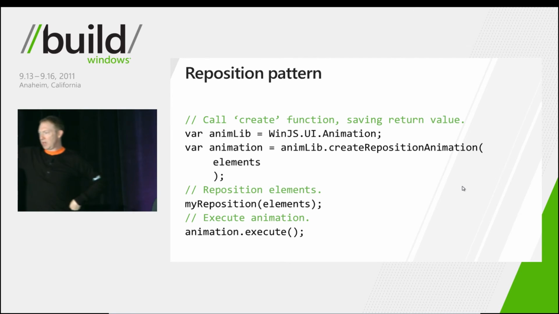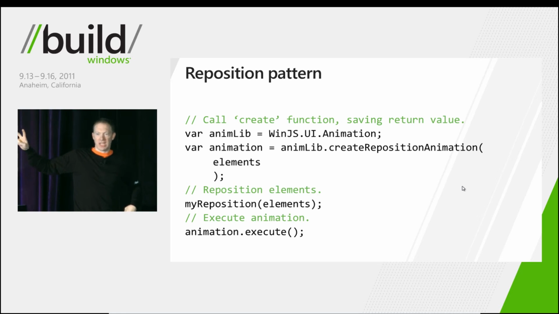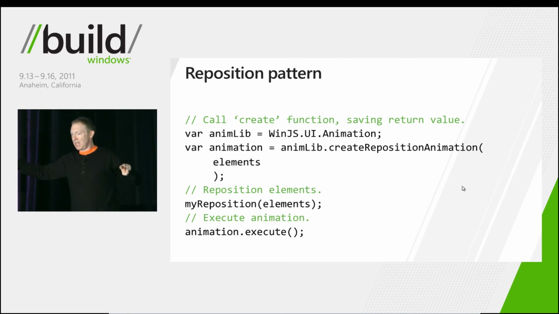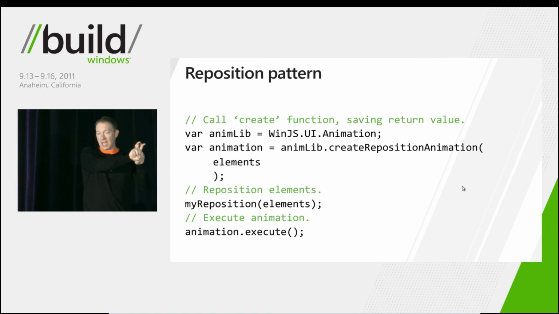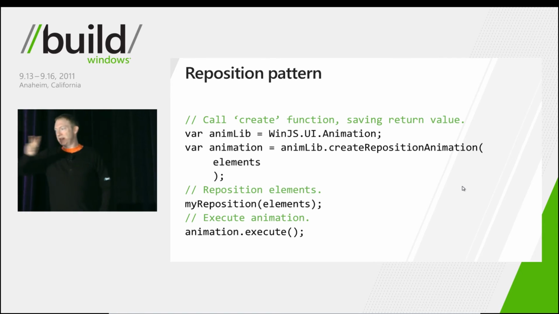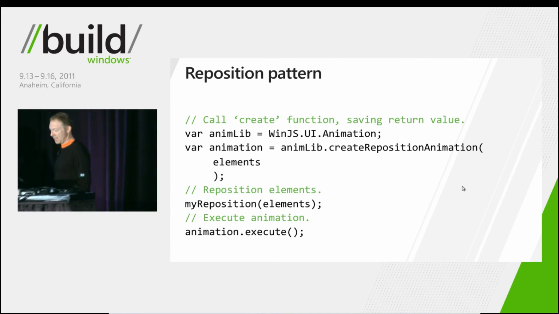You then move the bunny to the new location, and then when you call animation execute, it actually determines the delta between where the bunny was in the first place and where the bunny is in the new place. And then it fakes the old place by doing a transform translate, and then animates from that to the final position. So again, we're using the CSS transforms for that.